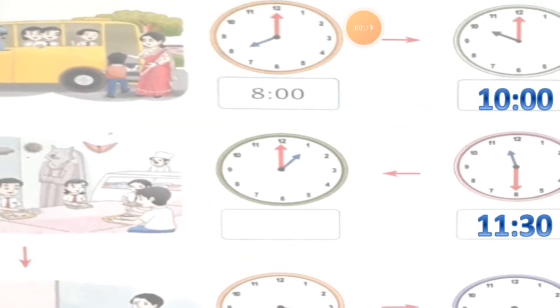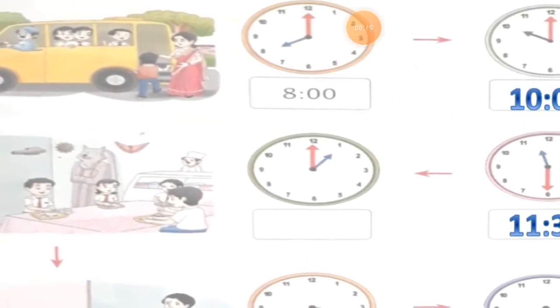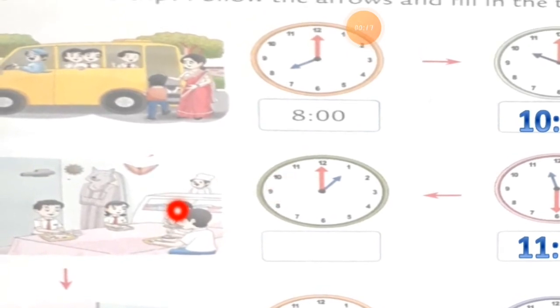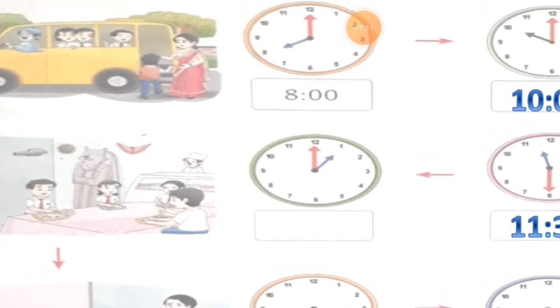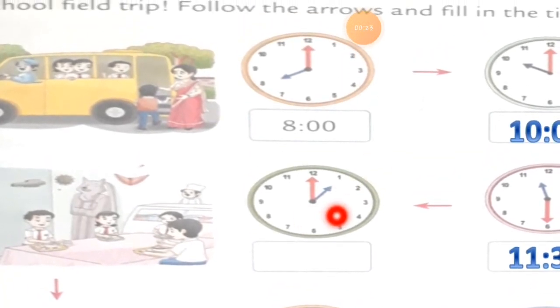Now see this, they can take their lunch. This is the lunch time. So what time is it? Can you see in this clock what time it is? The minute hand, which is in red color, is pointing to 12.